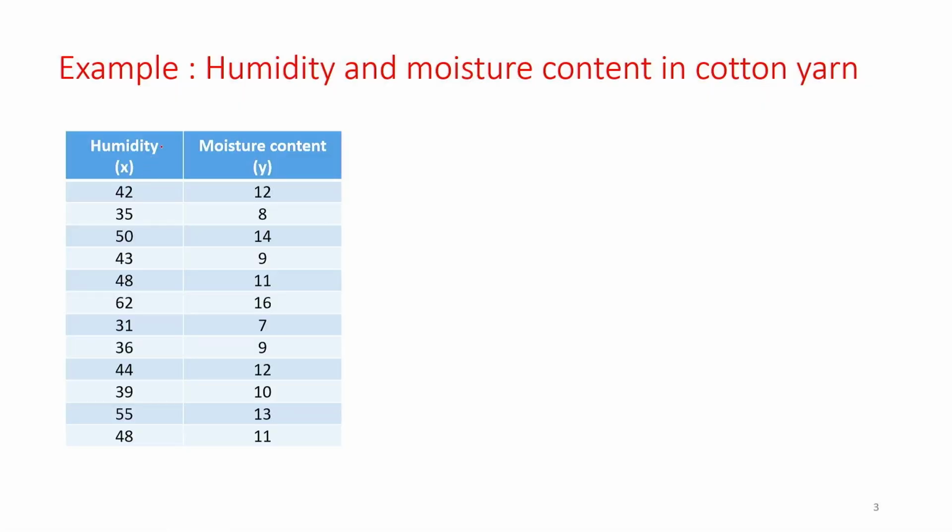So let us say we have data on the X humidity and moisture content. Humidity values are given in column 1, that is our X, and moisture contents are given in column 2, which is our Y.